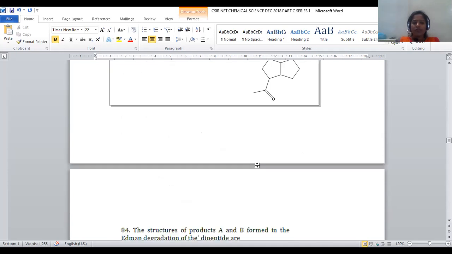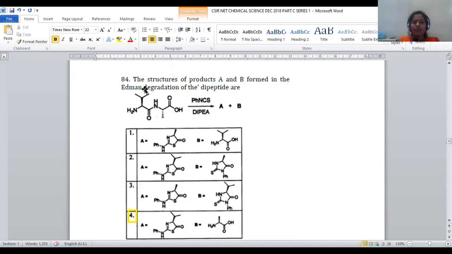Let us move on to 84. Question number 84. The structures of products A and B formed in the Edman degradation of a dipeptide. Right, here it is a kind of dipeptide. When we are cleaving this dipeptide, what happens? Dipeptide stands for a compound formed by the combination of 2 amino acids, 2 alpha amino acids.